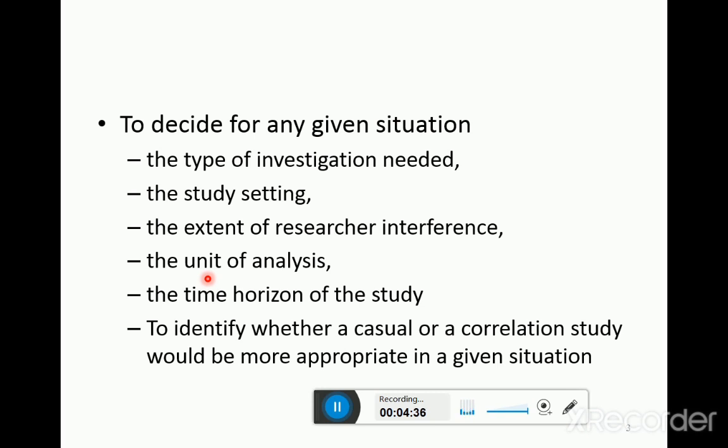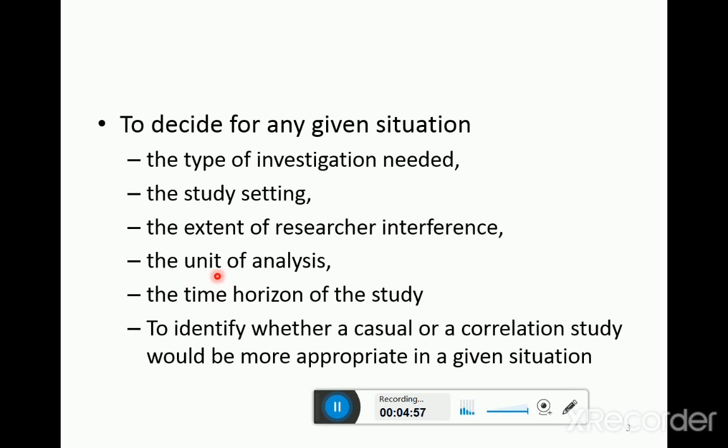We have to study a single individual, or we have to study the group as a group, for example dyads, or a culture, or the overall organization, or the overall department.